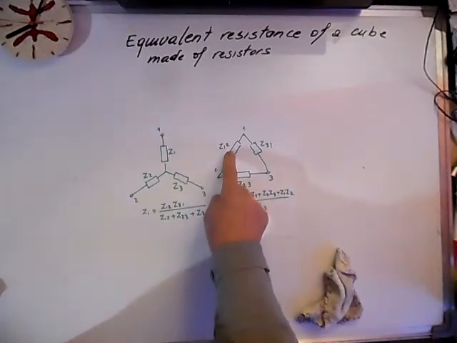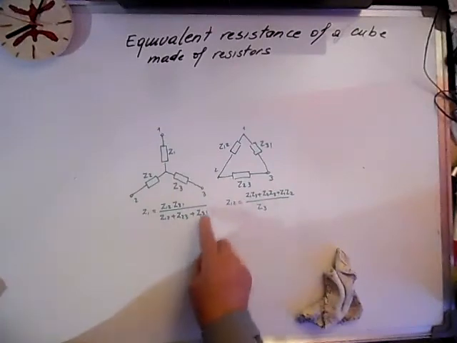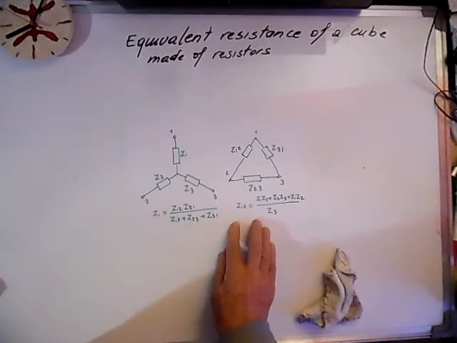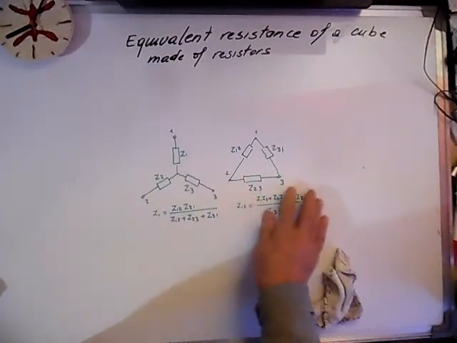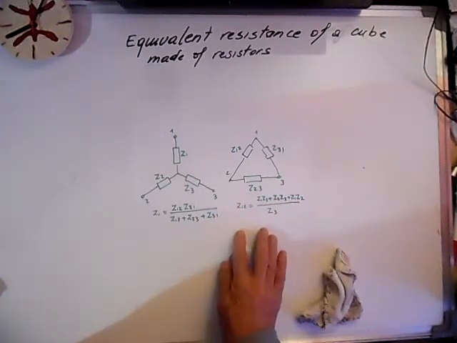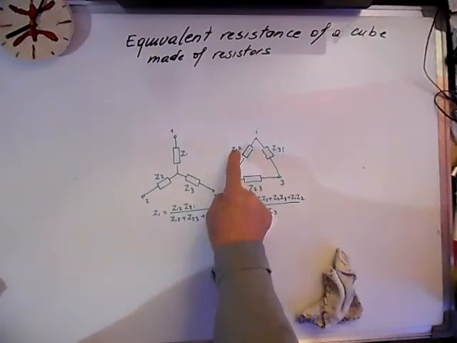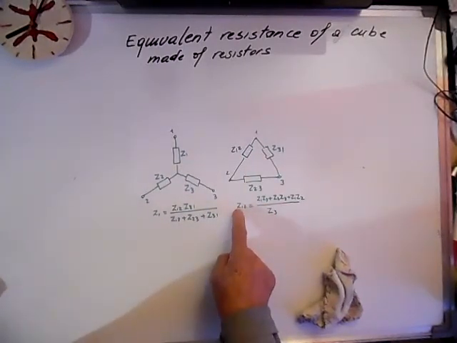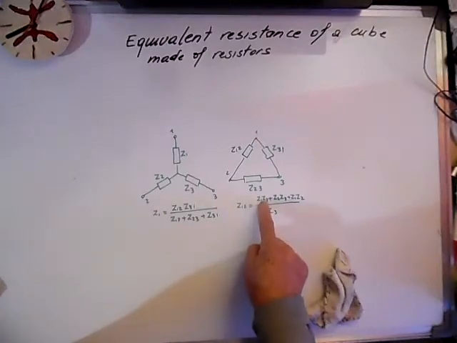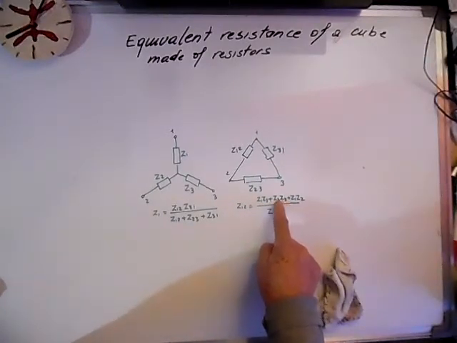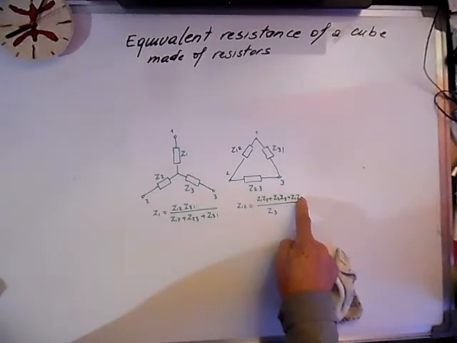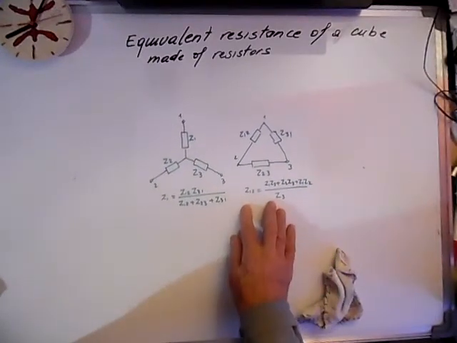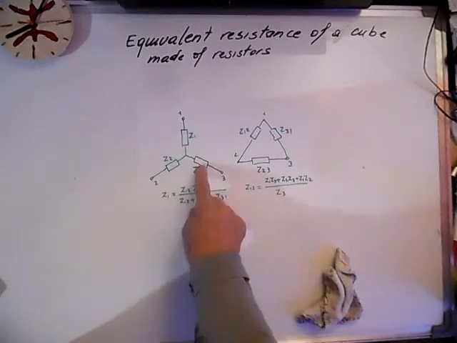These are impedances, but we are going to use only resistors, so it means that there will be R. So Z12 is equal to Z13 plus Z23 plus Z2 over Z3.